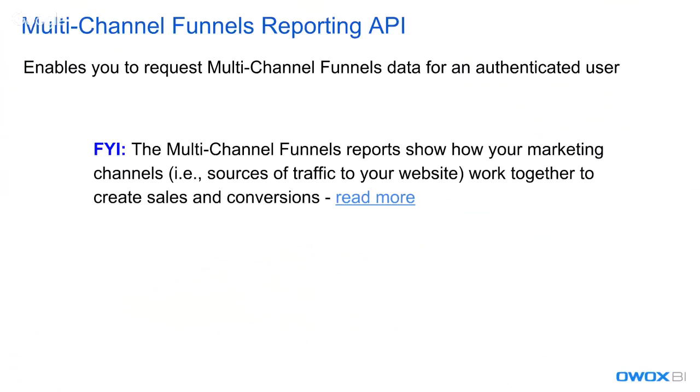As you know, in the Google Analytics interface, you have a specific section for these reports, and also you should know that you also can export data from Google Analytics about multi-channel funnels reports.